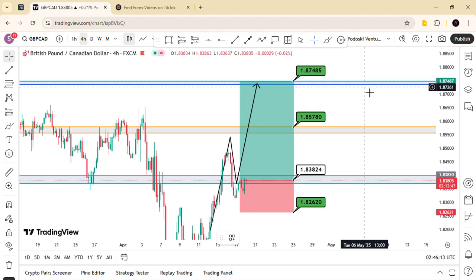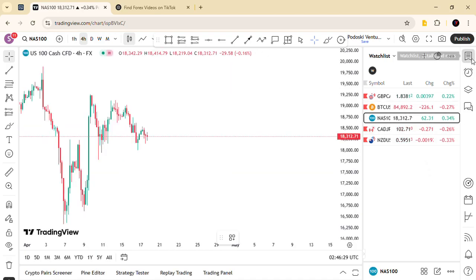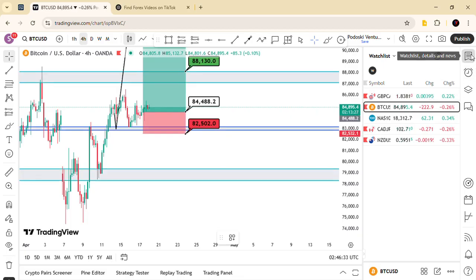So with that being said, let's get to today's pre-market analysis. I have a couple of pairs here, and I'm expecting some very high quality setups on them. The first pair on my list is NAS 100. But before we go to NAS 100, I also have BTC here.